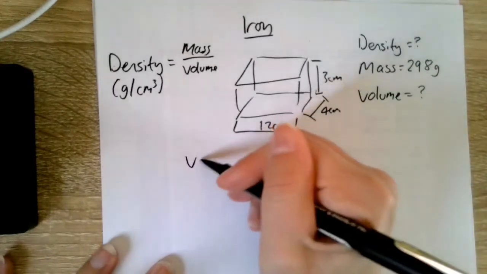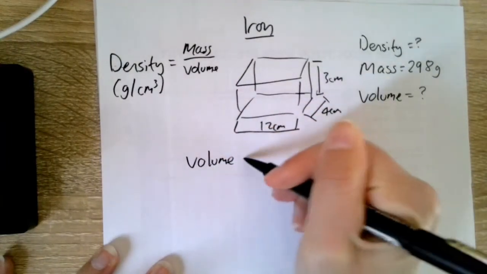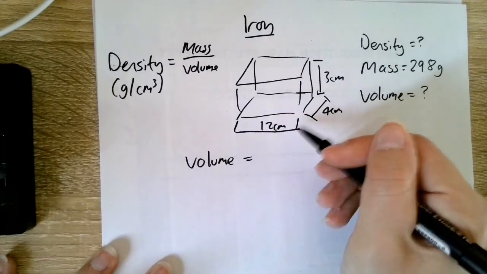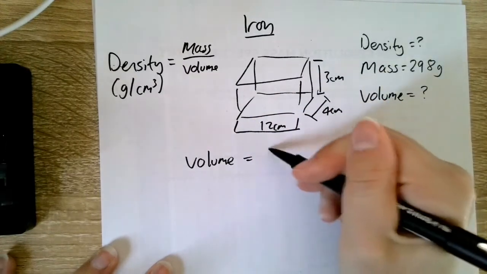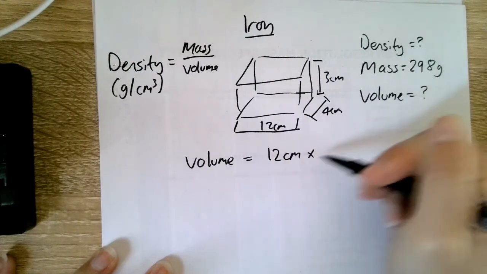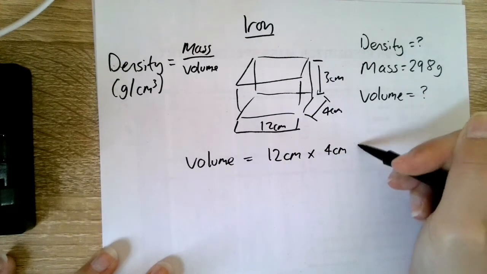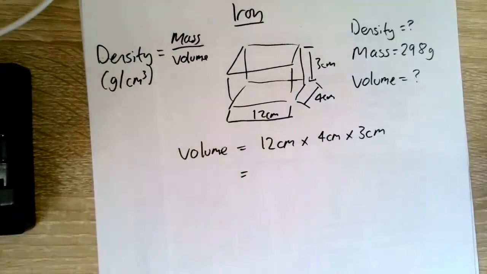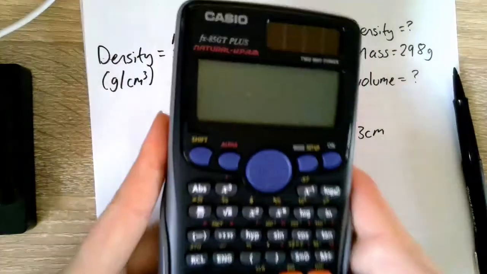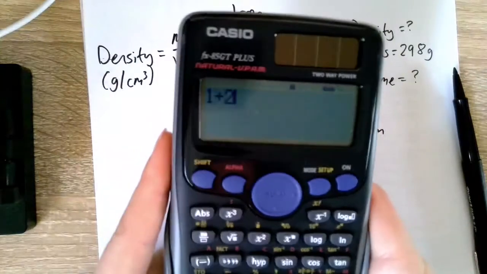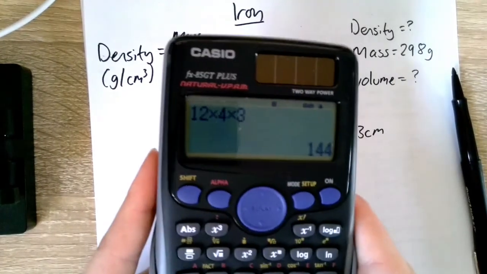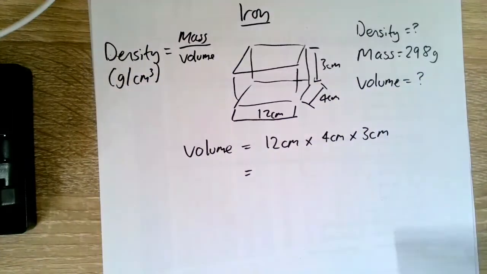For our volume, we're doing our base times the width times the height: 12 centimetres times 4 centimetres times 3 centimetres, and that comes out to be 144 centimetres cubed.